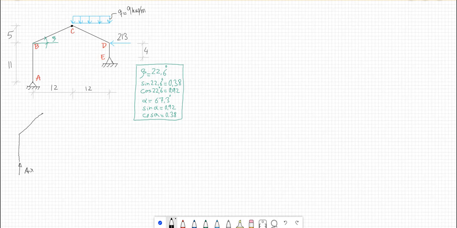So we can simply take moment equilibrium at point A and find the reaction forces Ay and Ax. Similarly, for the frame CDE, we'll take the moment equilibrium.